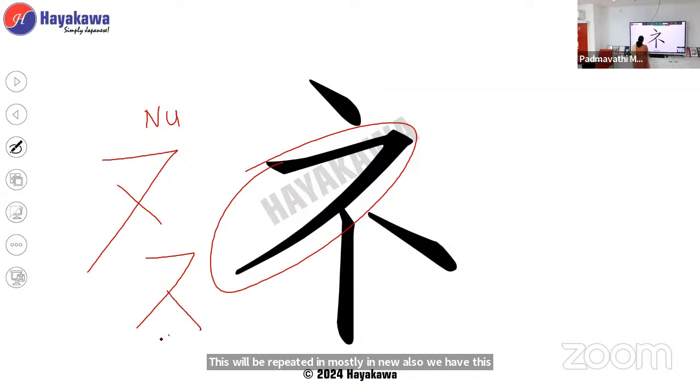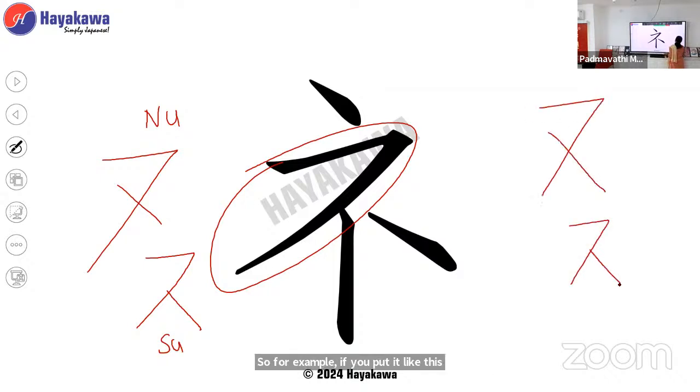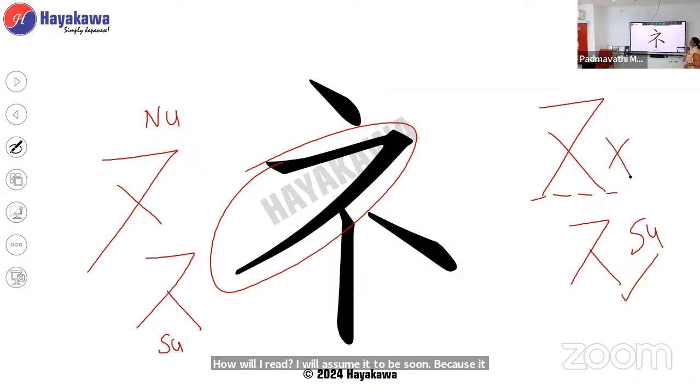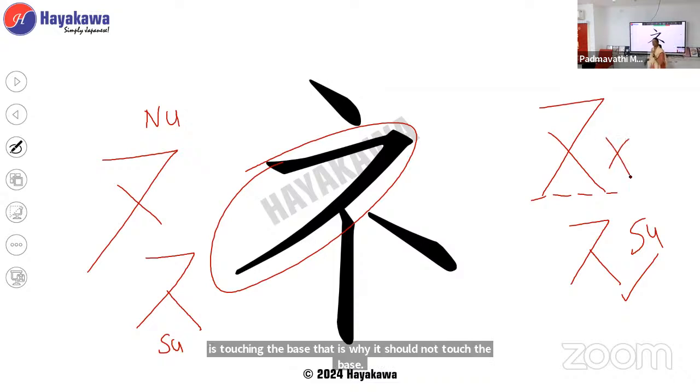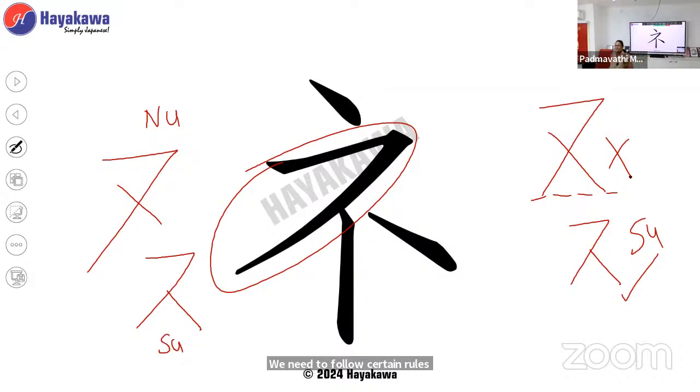That is why nu should not touch the base. If you put it like this, I will assume it to be su, because it is touching the base. We need to follow certain rules in the font so that it doesn't resemble the other letter.